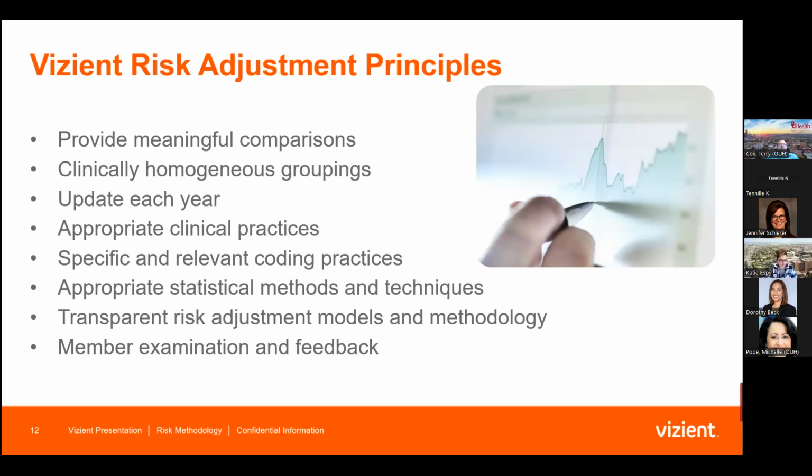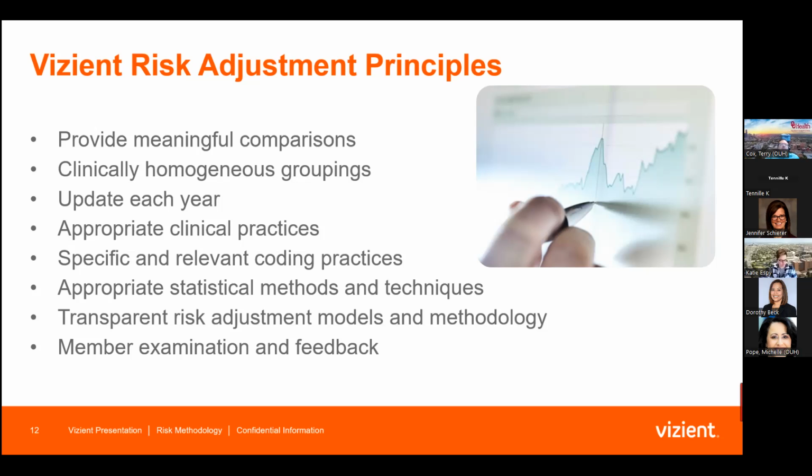This will allow our members to compare across many types of patients and providers, level the playing field, get an apples to apples comparison, and we put patients into clinically homogeneous groupings. And we use your administrative billing data. That's another important thing that we need to keep in mind, that we are using your billing data.